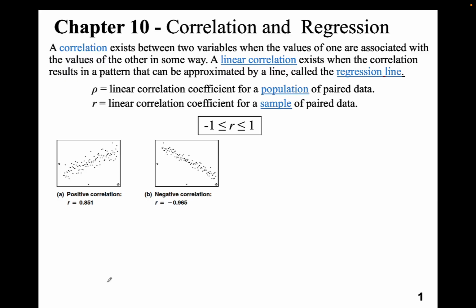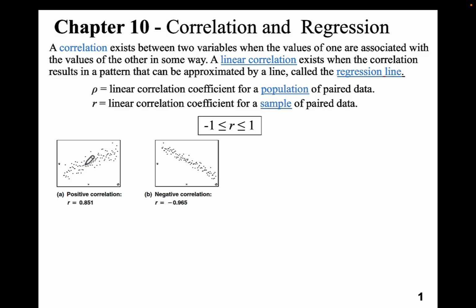For example, if R is 0.851, then we can see the relationship on this scatter plot. Wherever we go on X, we're going to go up on Y, over on X goes a little higher on Y, a little further over on X goes a little bit higher on Y. So each one of these dots in the scatter plot represents two things.